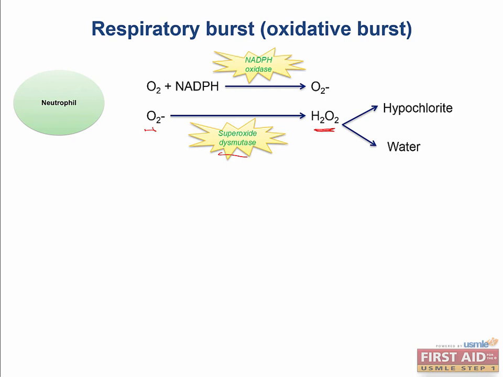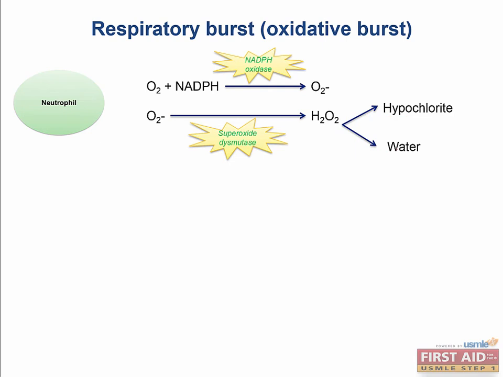And at this juncture, hydrogen peroxide can either be converted into a hypochlorite product, and another name for hypochlorite is just bleach. And the enzyme that accomplishes that is myeloperoxidase. It's going to be very important to know that. Hydrogen peroxide can also just be degraded into water via the enzyme catalase.